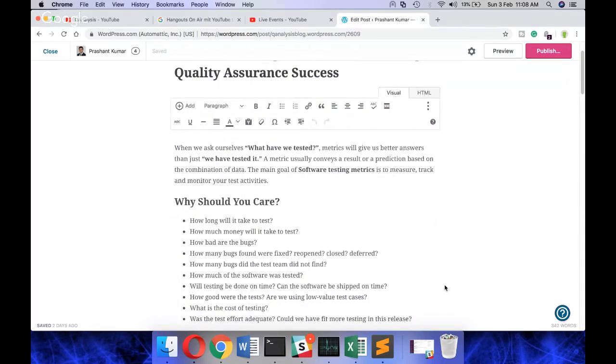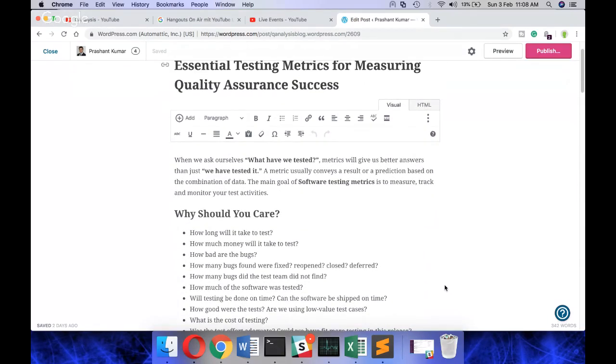So friends, most of the time, whether you're working as a software tester, a test engineer, or let's say a quality analyst, test lead, test manager, project manager, or business analyst, all of us in different roles at different points of time have to come up with an answer to the question, what have we tested, instead of just saying we have tested it, right?